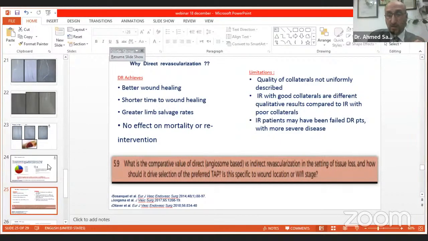So the perfect question to ask ourselves before any intervention, as mentioned in the Global Society guidelines for chronic limb ischemia, is: what is the comparative value of direct angiosomal-based versus indirect revascularization in the setting of tissue loss, and should it drive selection of the preferred target artery path? Is this specific to wound location or WIfI classification?